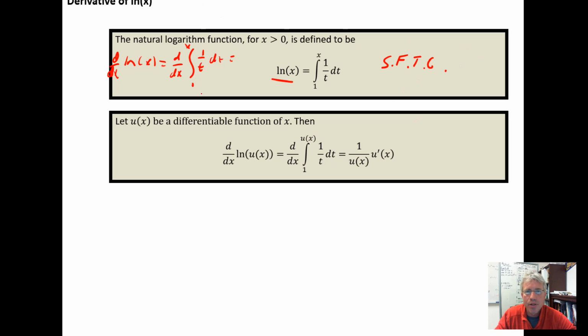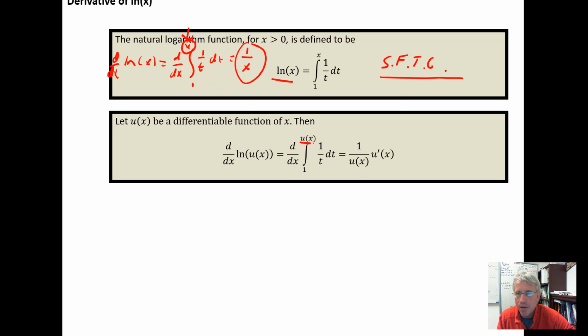We know from the second fundamental theorem of calculus that this derivative is just 1 over x. In other words, we take that variable upper bound of integration and we replace the t in the integral with the x.